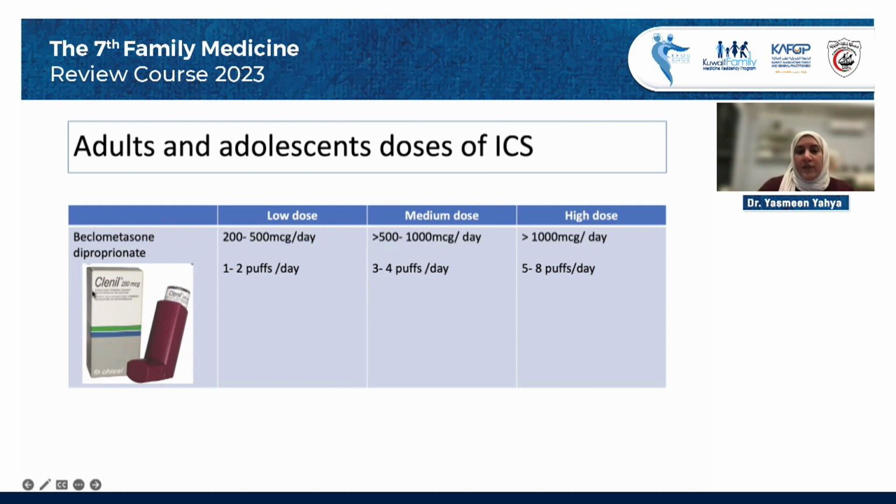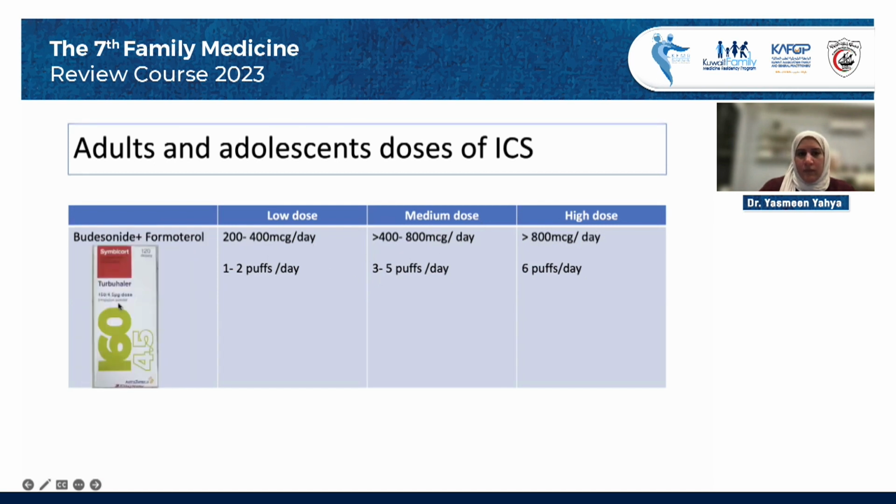So for each bronchodilator or inhaled corticosteroid, you need to know the low, medium and high dose according to the type of cortisone. So this is the budesonide. 3 and above puffs, for example, is considered a medium dose. 6 and more puffs is a high dose, because this is the concentration that we have in primary care, 160.